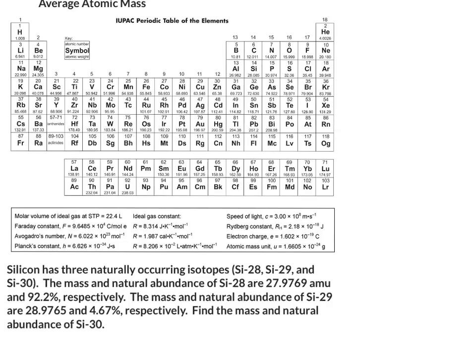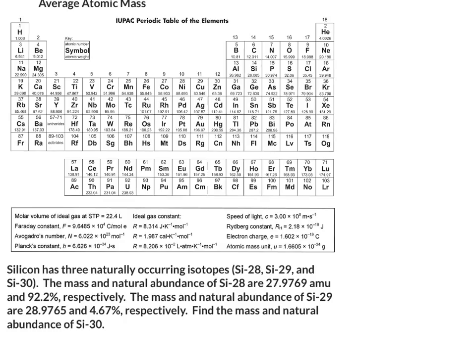Doing calculations with average atomic masses. So here's an example of an element with more than 2 stable isotopes, silicon. It's here in the periodic table. You're always able to find the average atomic mass in problems like this from referring to the periodic table.